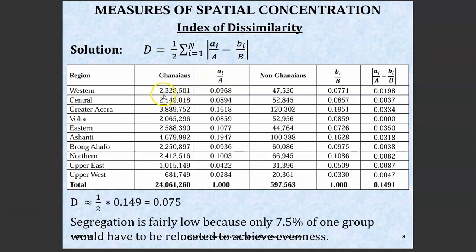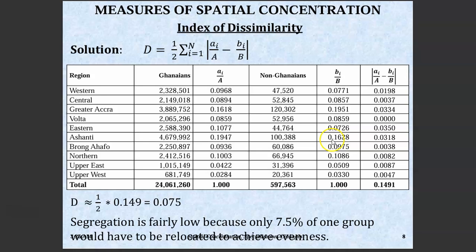So if you take 23,328,501 divided by this 24 million we have here, we will have this value here. You do the same thing for each of the sub areas we have here, so each sub area's population divided by the total population.